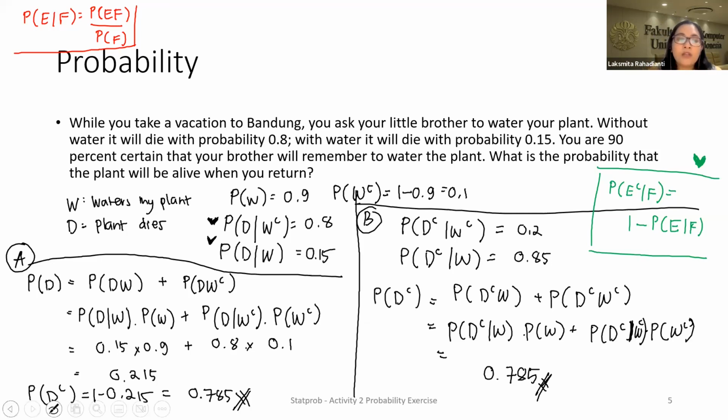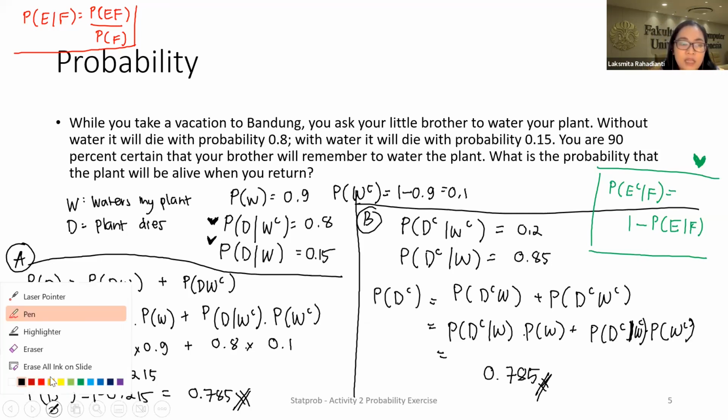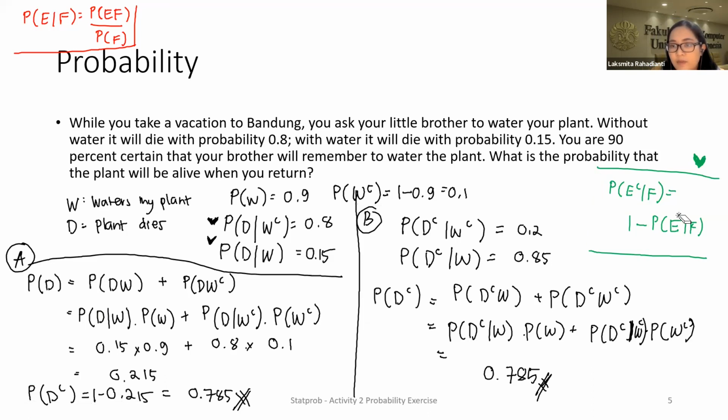So we were under the assumption that this is valid: P(E complement | F) is equal to 1 minus P(E | F). The first event is not the conditioning event. Remember that the given part is the second one, the F. This is the conditioning event.